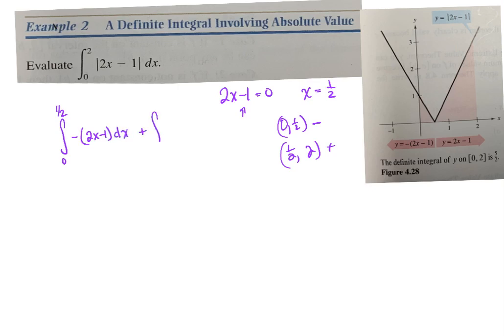And I'm going to add that from 1/2 to 2 with how it is normally because it's not affected. So I have to set up 2 of those. Make sense? So you'll notice we have this little section here from 0 to 1/2. We have to add that to this section here from 1/2 to 2.